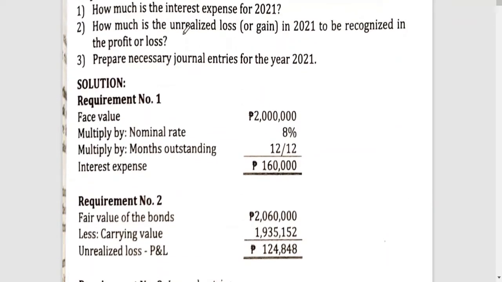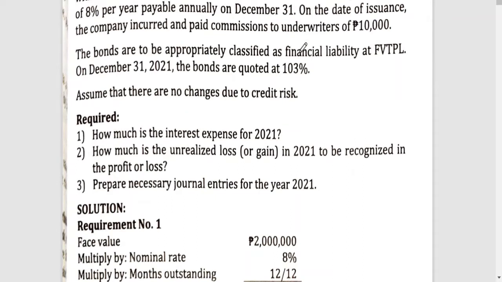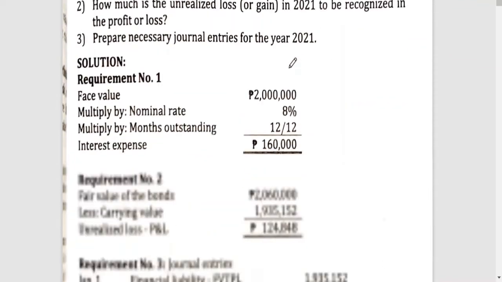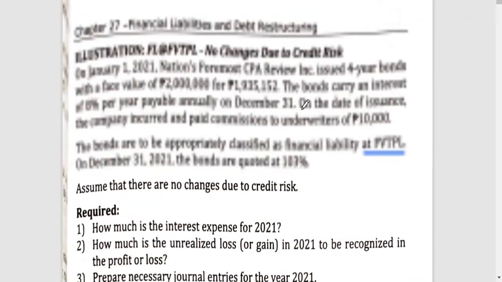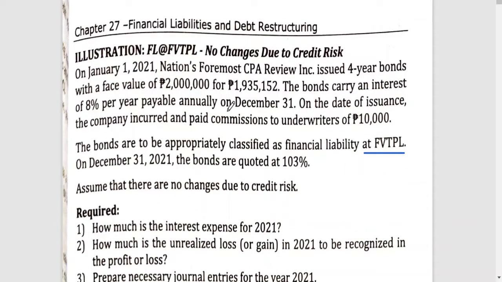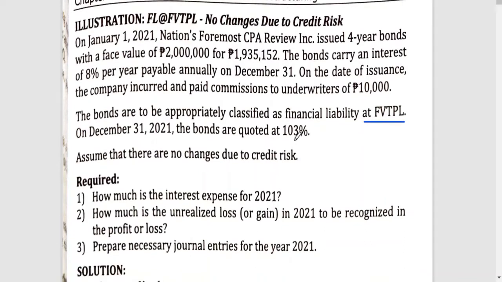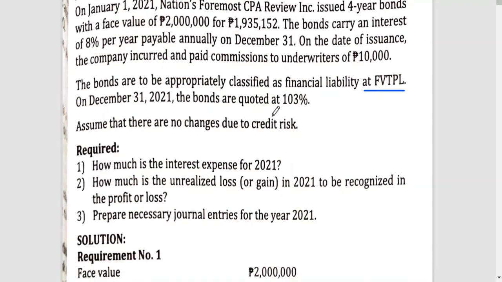Question 2. How much is the unrealized gain or loss in 2021 to be recognized in profit or loss? So you have to get the fair value at December 31. That's at 103%. So the fair value of the bonds is 2,060,000. That's 2 million times 1.03, from the 103%.